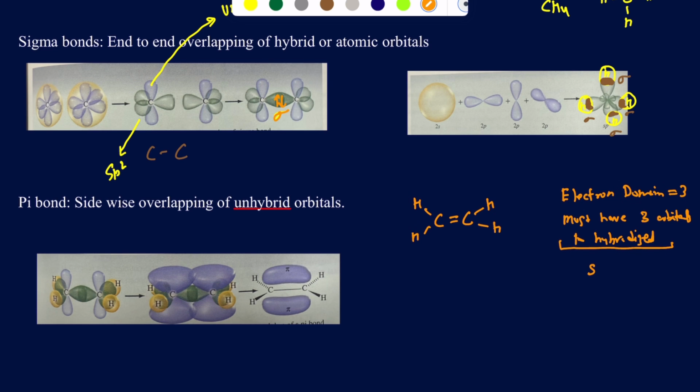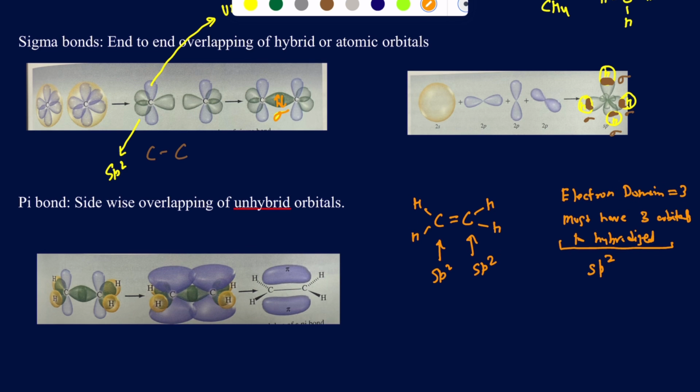Remember, in carbon you have 2s and 2p being hybridized, and I move to p until I get a total of three hybrid orbitals. I can only get one from s because any s subshell has only one orbital, and any p subshell has three orbitals in total. So I'll have one from the s and two from the p, and that gets you sp2 hybridization. So both of these carbons are sp2 hybridized.